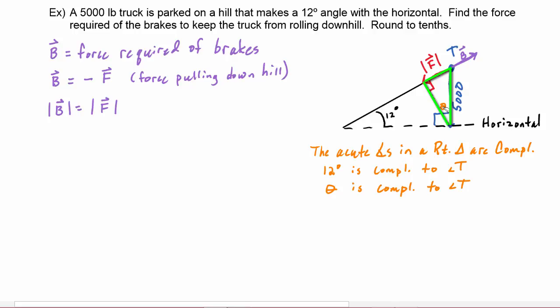Now, we just reviewed a theorem that said that two angles that are complementary to the same angle have to equal each other.